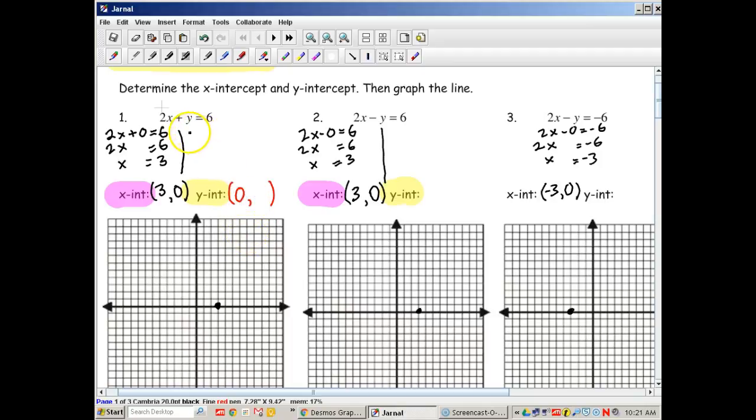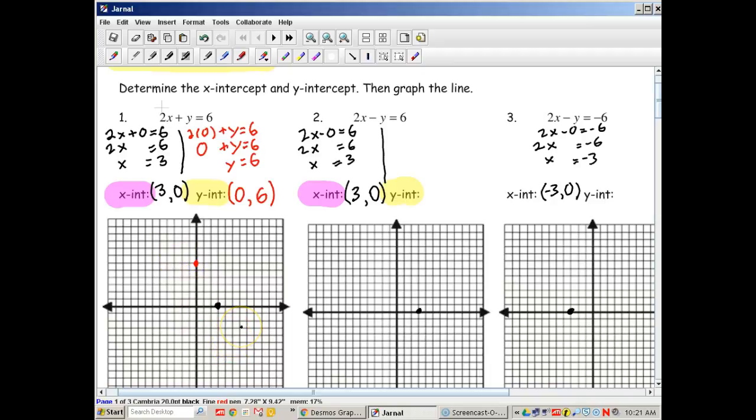So we got 2 times 0 plus y equals 6, and 2 times 0 is just 0, right? So this is not too exciting, it's just y equals 6. So we have a y-intercept of 6. 1, 2, 3, 4, 5, 6.